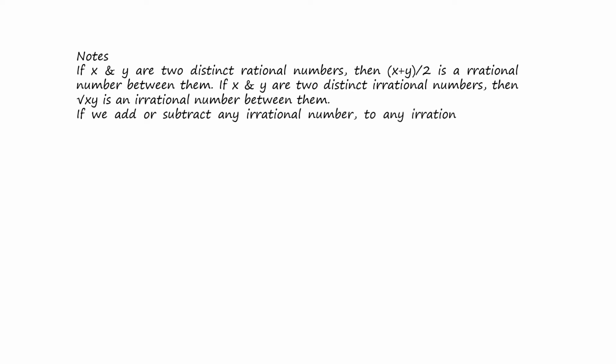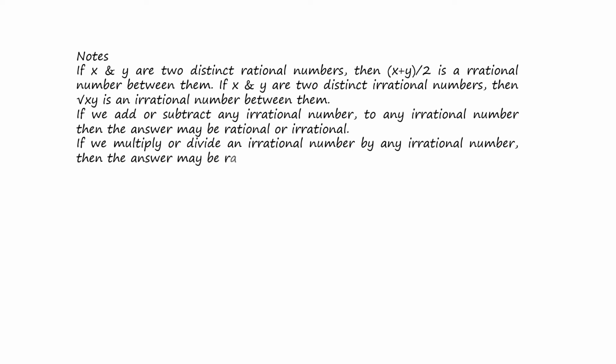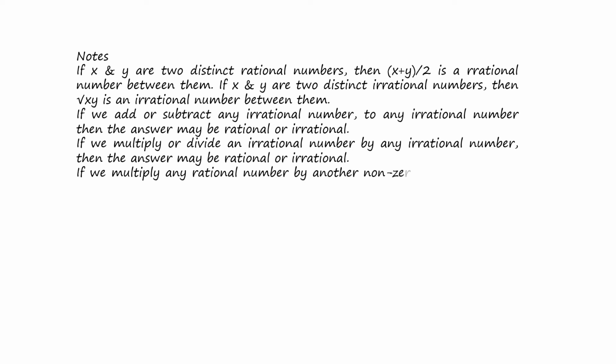If we add or subtract any irrational number and any irrational number, the answer may be rational or irrational. If we multiply or divide an irrational number by any irrational number, then the answer may be rational or irrational. If we multiply any rational number by another non-zero rational number, then the answer will always be rational.